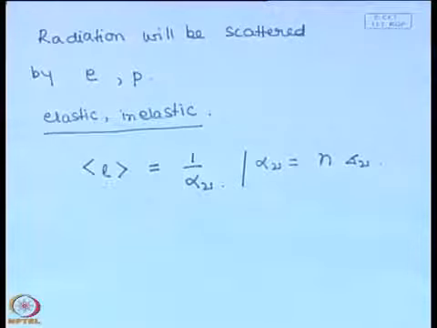So, let us consider for making a simple estimate, let us just consider one process, the Thomson scattering, elastic scattering. Okay. So, for elastic scattering, we know the Thomson scattering cross section, we have discussed this already when we were looking at the Eddington limit. This is in a problem.